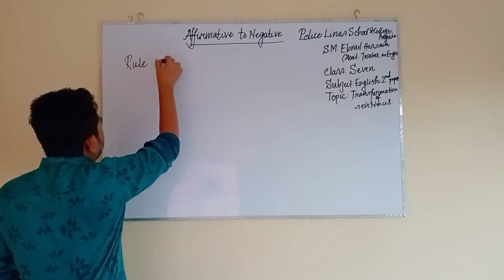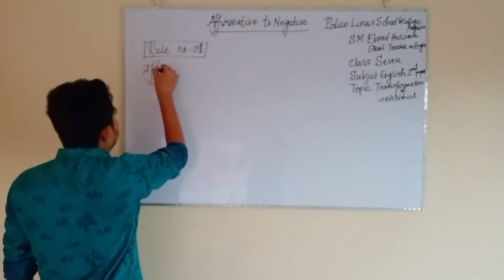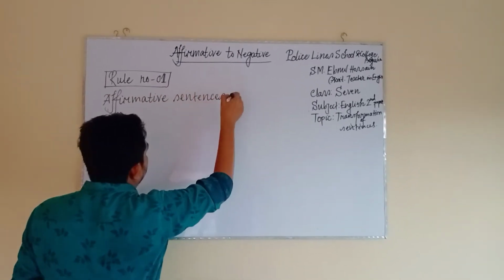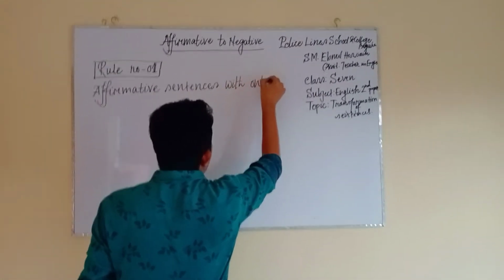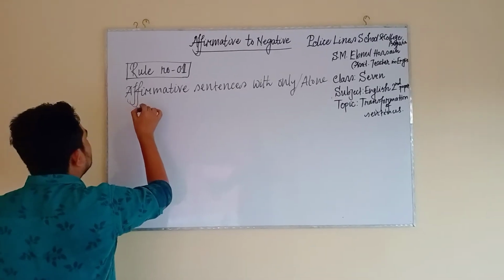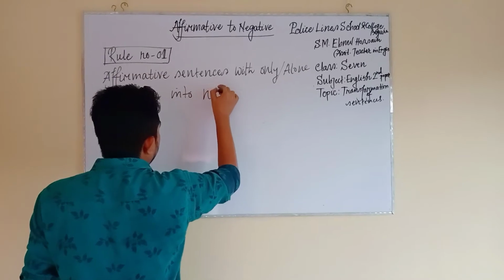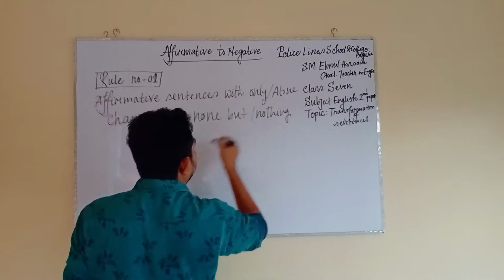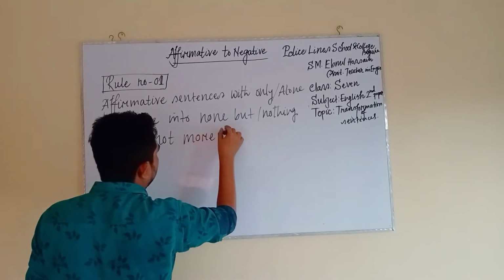Rule number 1: affirmative sentences with only or alone changes into none but, nothing but, or not more than.